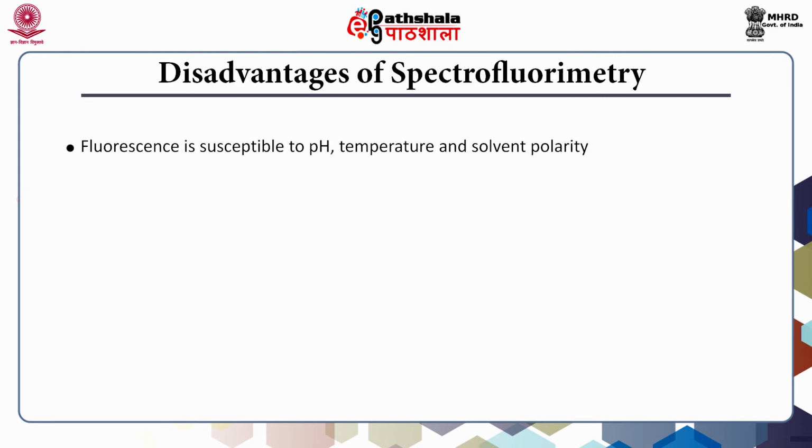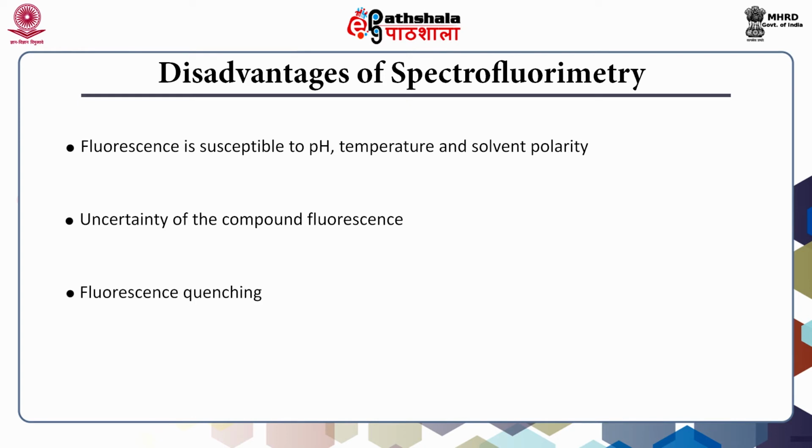Fluorescence is susceptible to pH, temperature and solvent polarity. Whether a particular compound will fluoresce or not is the main problem encountered. Fluorescence quenching occurs when emitted fluorescence is lost to other molecules by collision interaction. Quenching is more in concentrated samples and therefore it decreases the sensitivity.